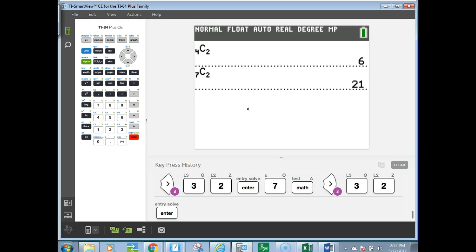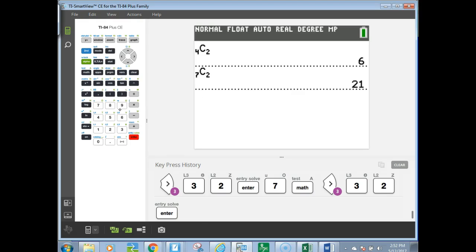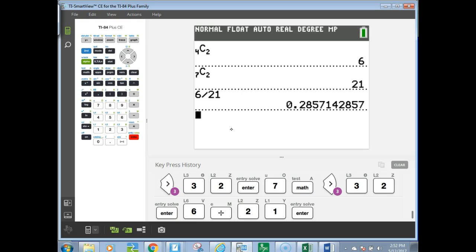And that's 21. 6 over 21 then is what we get, which could be reduced to 2 over 7, or as a decimal, if I do 6 divided by 21, I'll say it's about 28.6%.